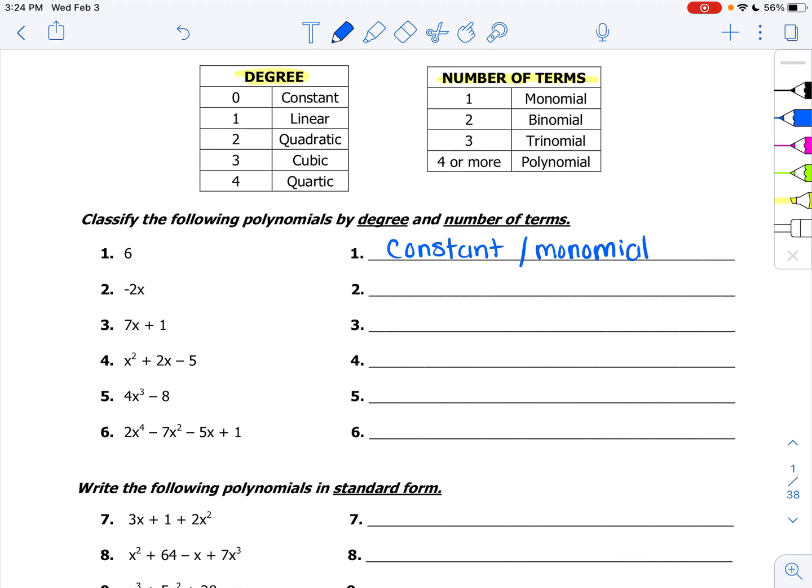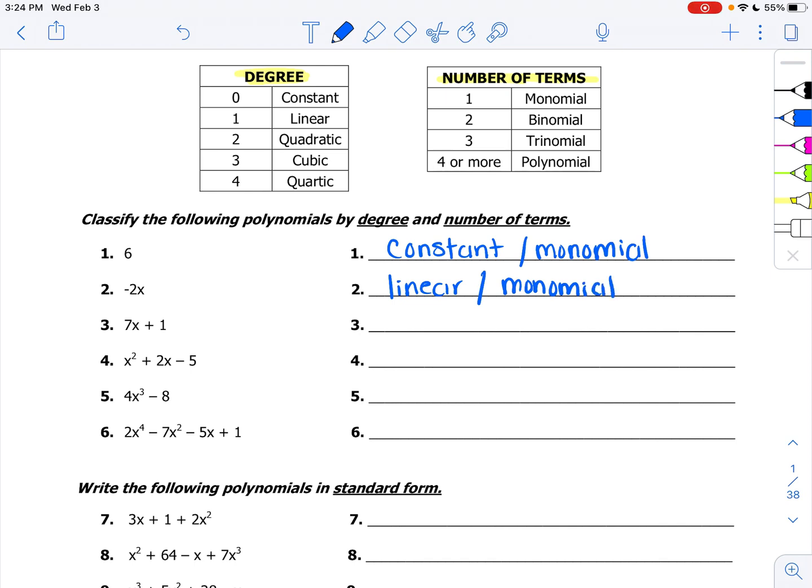It's a constant because our highest exponent is 0, and then it's a monomial because it only has one term. Number 2, negative 2x, we can classify as linear because our highest exponent is 1, and it is also a monomial. It only has one term.